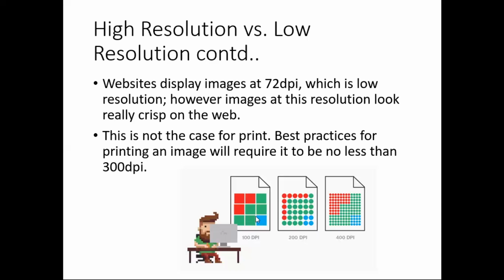Same area, right? See, this guy is the same in all three images, but see the difference. This blue color is represented by just one pixel or one square. But in this case, it uses four squares. In this case, it uses 16 squares. Then this one gives a good quality image, right?